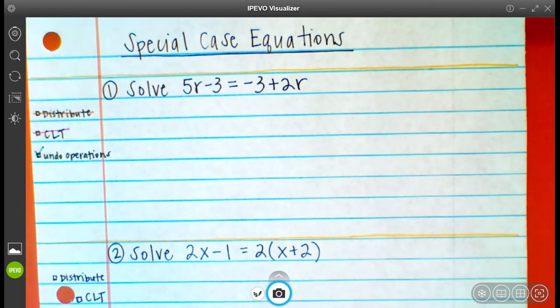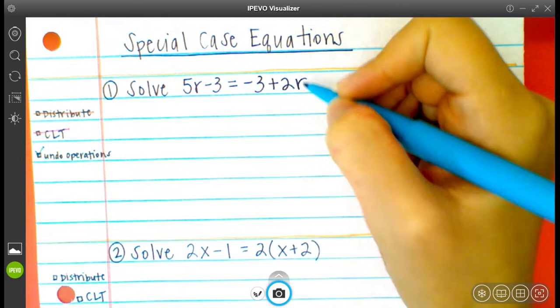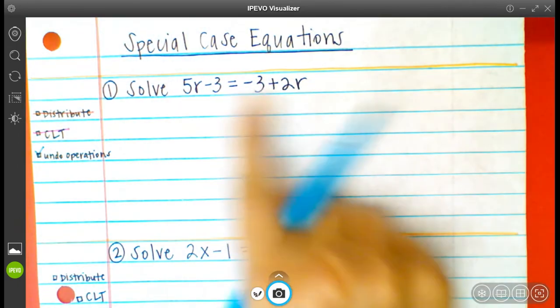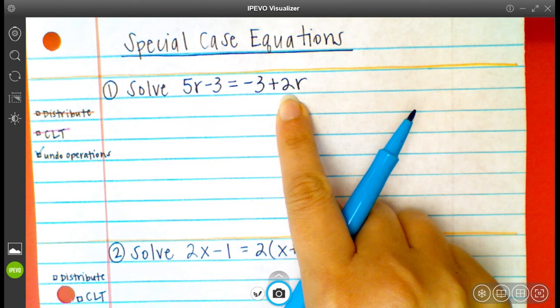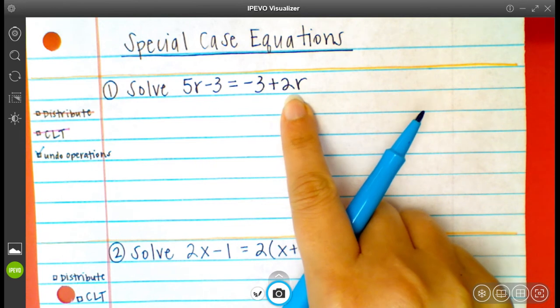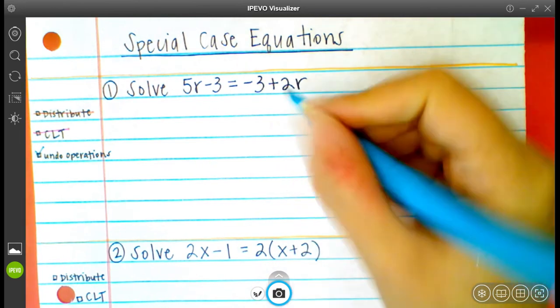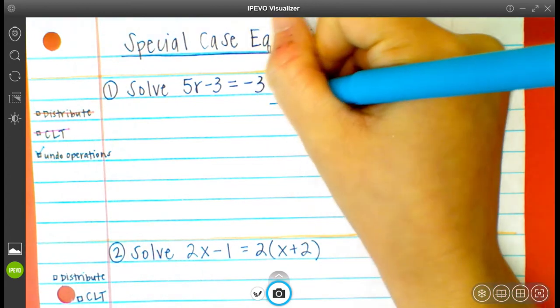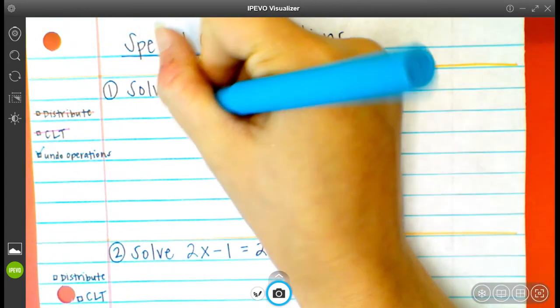How you do so is we look at what we have. So if we look at the r's, to move one of the r's to the other, I notice that 5r and 2r are involved. 2r is smaller, so I'm going to take this positive 2r and undo it by subtracting.